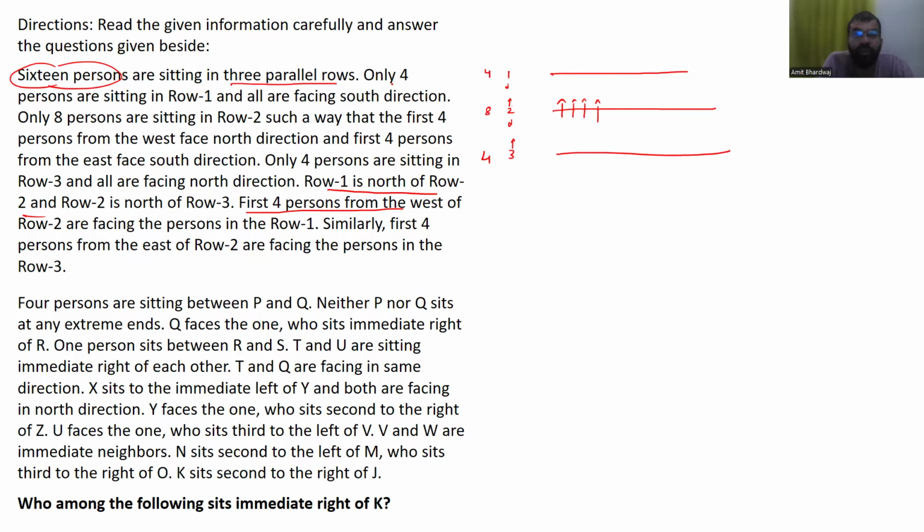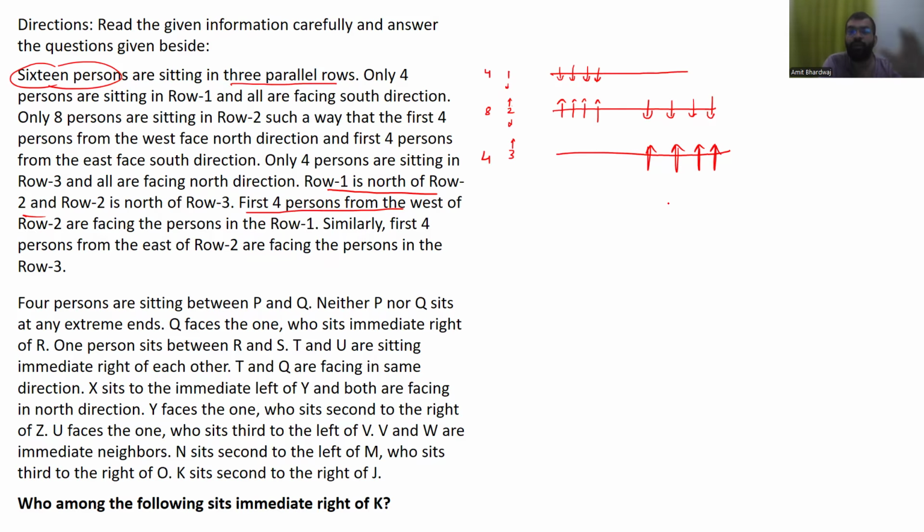Because only 4 are sitting in row 1, all facing south, means they are looking downward. This is given to us, right? And only 4 are sitting in row 3, all facing north direction, so basically this one. This is given to us.